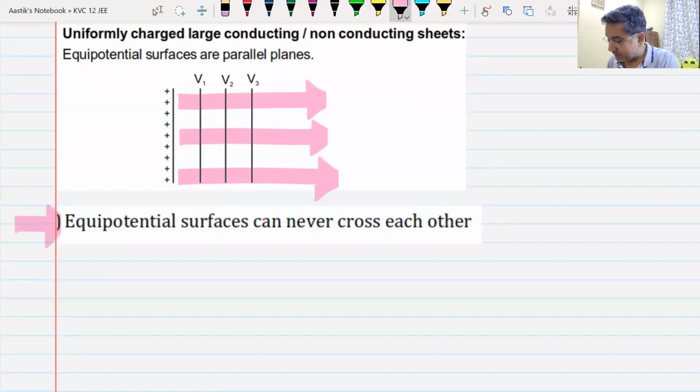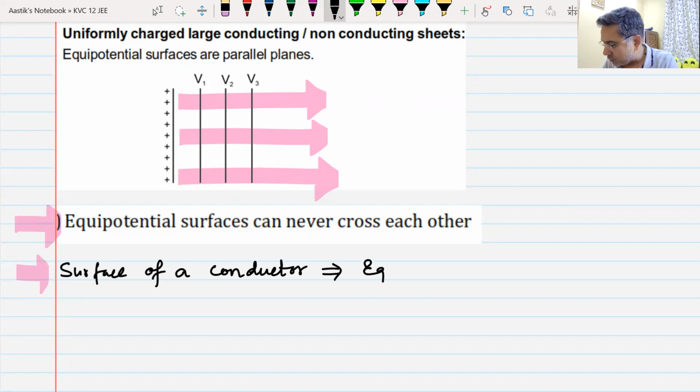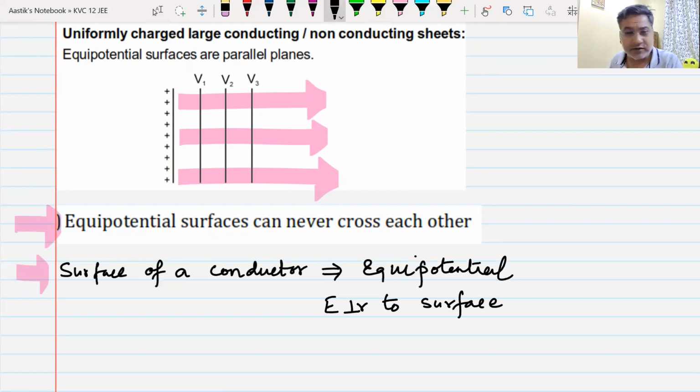One more important point: the surface of a conductor will always be an equipotential surface. And that is why electric field is always perpendicular to the surface, whether it terminates on the surface or emerges out from the surface. Remember those diagrams that I had shown you, electric field coming out of or terminating on a conductor, and we had seen that electric field terminates perpendicularly. Why does it terminate perpendicularly?